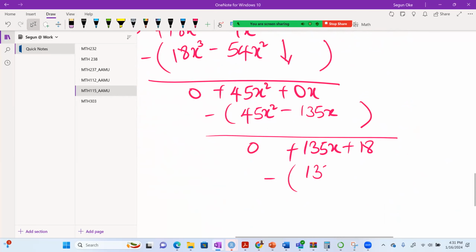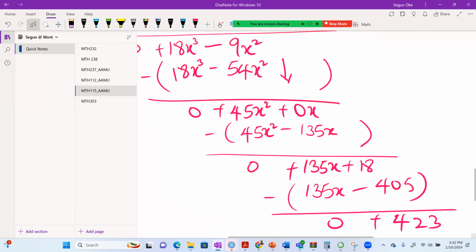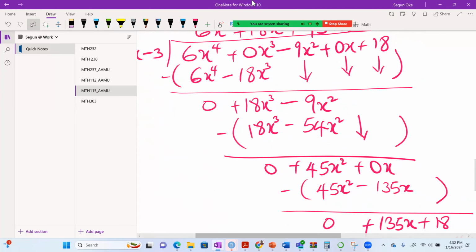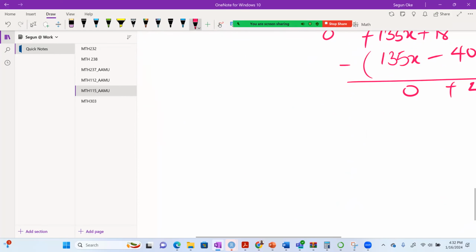We have 135x minus 405. When you multiply them together, at the end of the day, this will be 0, and you have plus 423. 0 plus 423.